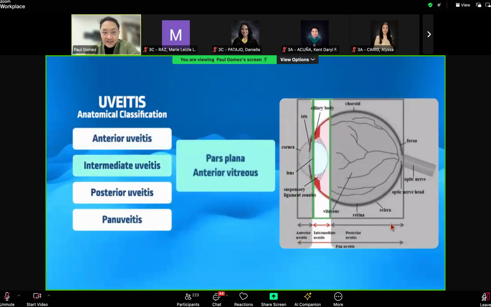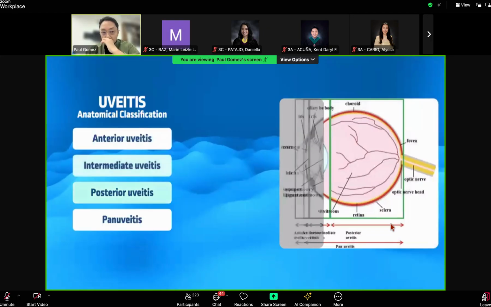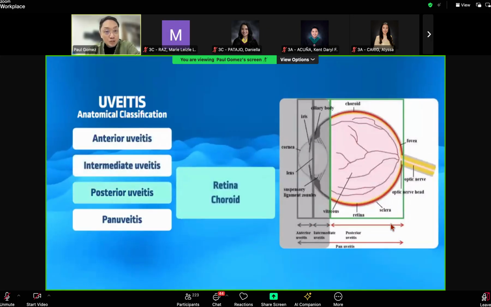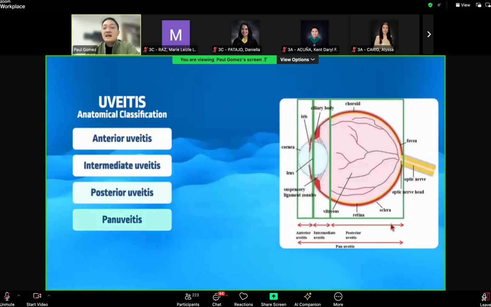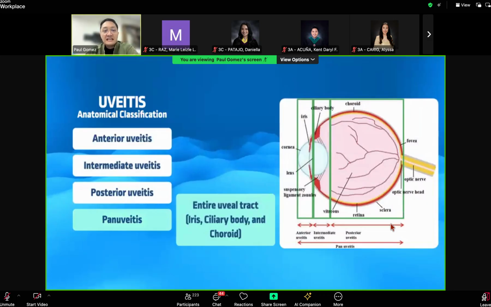If the pars plana and the anterior vitreous is inflamed, that is intermediate uveitis. We can call it a posterior uveitis if the retina and the choroid are affected. And if everything is affected, the entire uveal tract, that is called panuveitis.